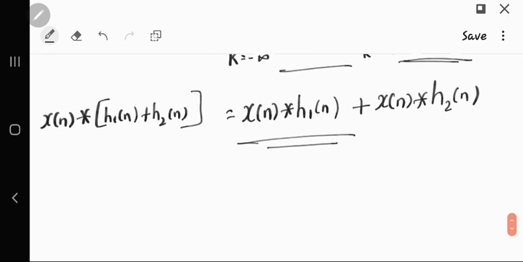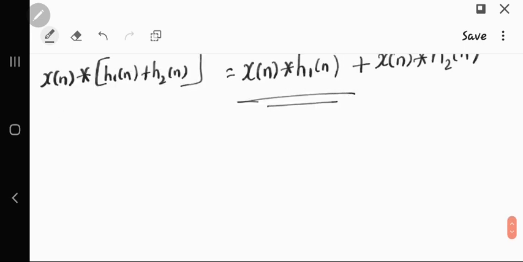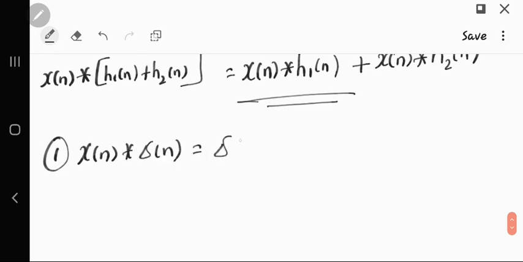Along with these three properties, we have some more properties of convolution sum which we are going to use while solving problems. Apart from these three, the first one: if x of n is convolved with delta n, or delta n convolved with x of n, the end result will be x of n itself.